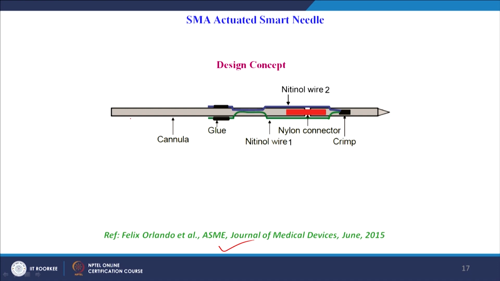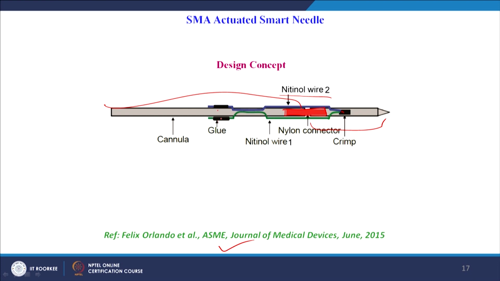Now, coming to the concept of the SMA actuated smart needle, the reference design is given here. It is a cannula having SMA, or nitinol, wire actuators connecting the needle body to the needle tip or head. They are connected by a nylon elastic element, and the needle is bent by nitinol wires attached to one side of the needle body and the needle head.